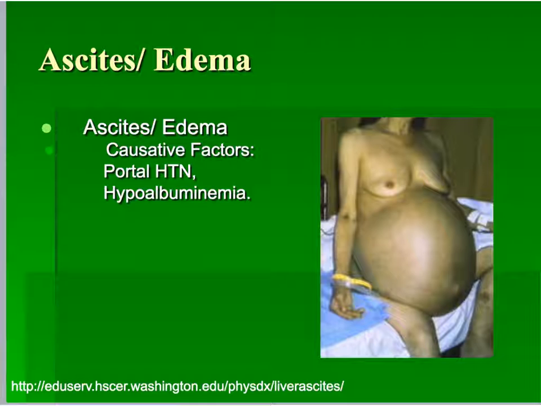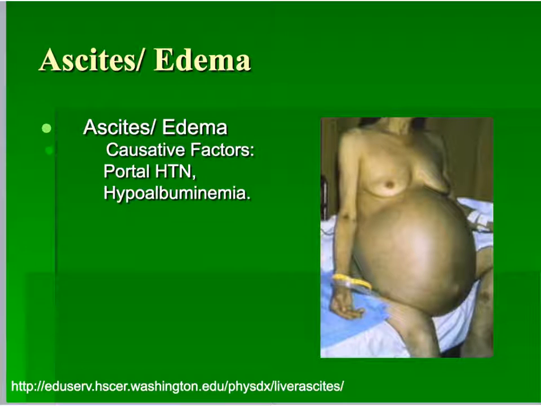The peritoneal space is a virtual space that exists between the visceral and parietal linings. Every organ is covered with a lining, and we call that lining the visceral covering. And then we have the entire abdominal cavity encased in a covering that we call the parietal covering.